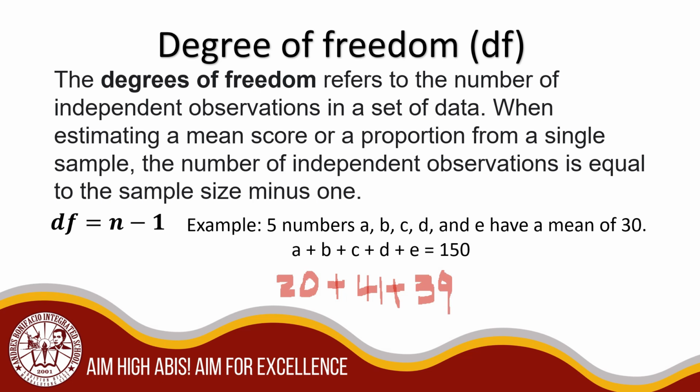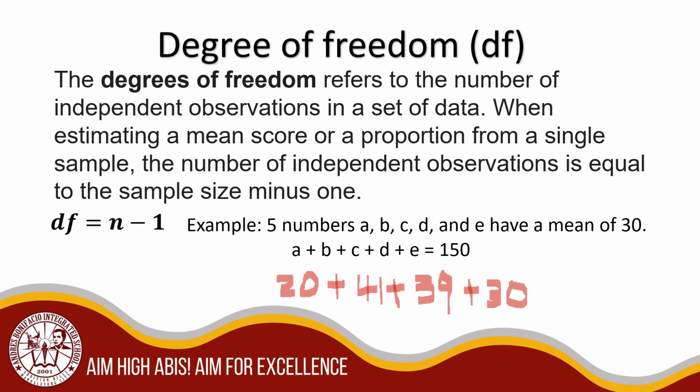And then for letter D, we're still free or independent to choose any number. Of course, kailangan lang pasok pa rin dun sa ating total. So D, pwede pa tayo maglagay halimbawa ng 30. Okay, so let's have 30.